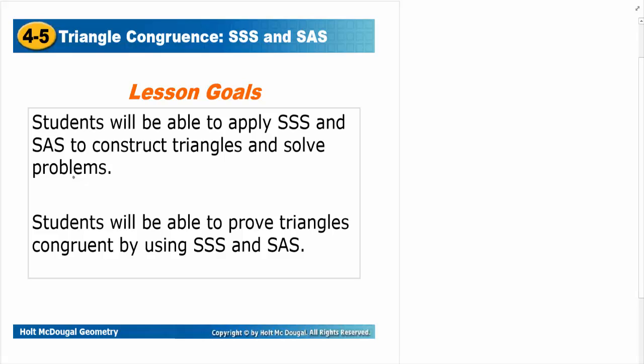So we're going to be able to apply in this lesson side, side, side, which is SSS, and side, angle, side, which is SAS, to construct triangles and solve problems. We're going to be able to prove triangles congruent using these theorems. This is going to be a big theme as we go through this lesson, is the whole concept of proving. Okay? So we're going to be doing lots of proving. Get ready.